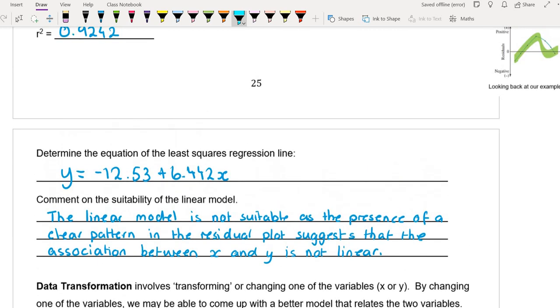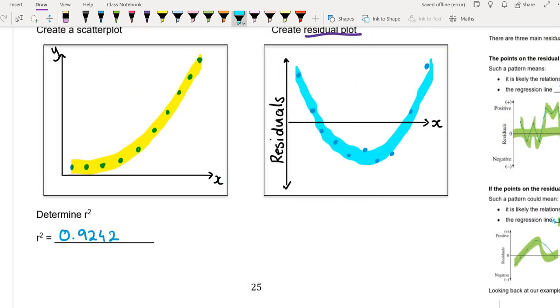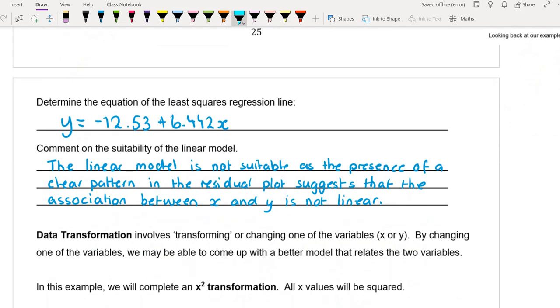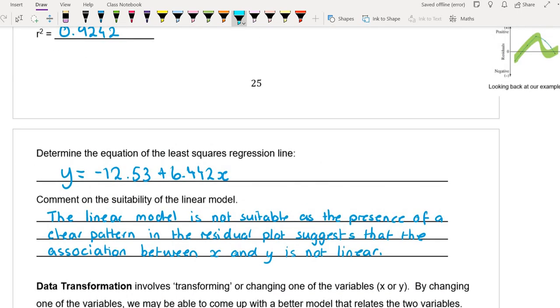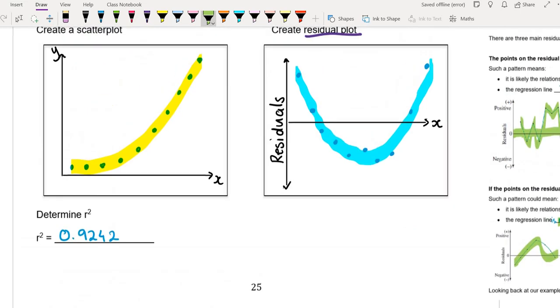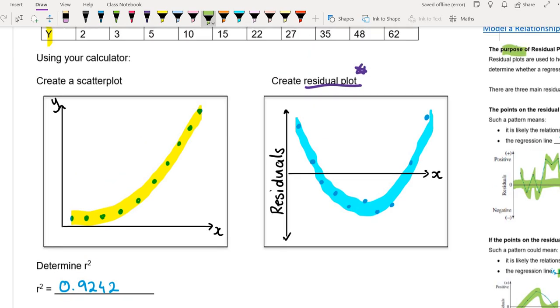And then when we use the CAS to find the least squares regression line, we have an equation that looks like this. Now, just because we can get a linear equation and a high R squared value doesn't mean that we can assume this is a linear relationship.